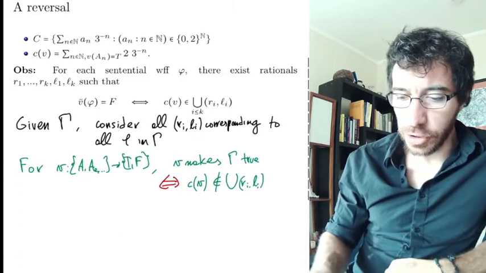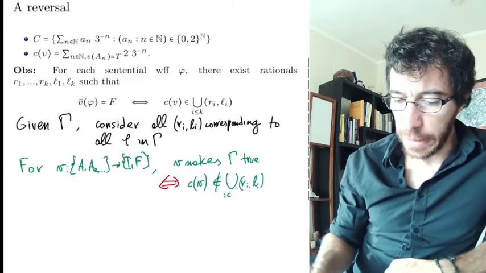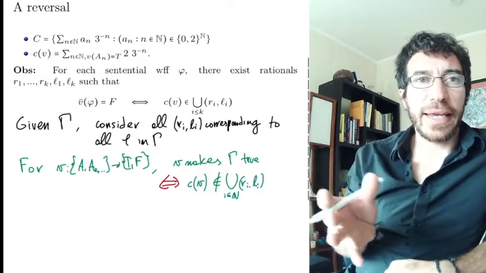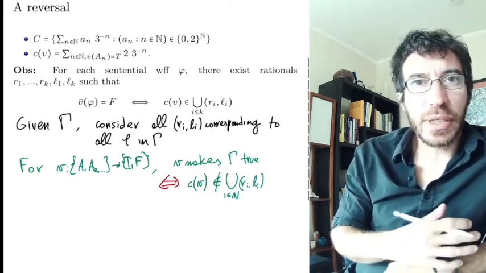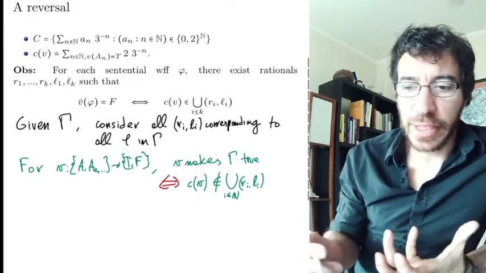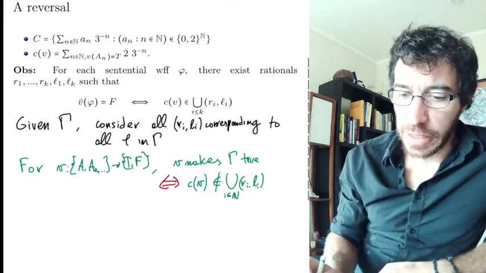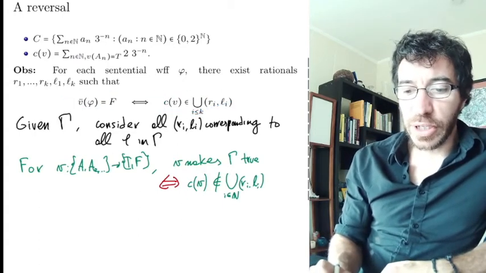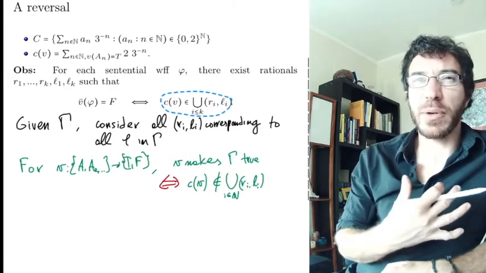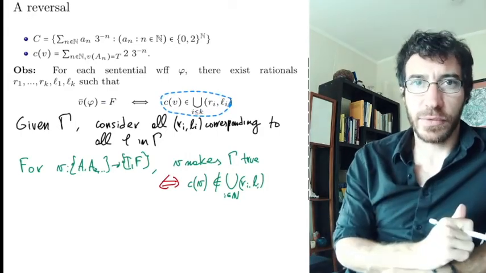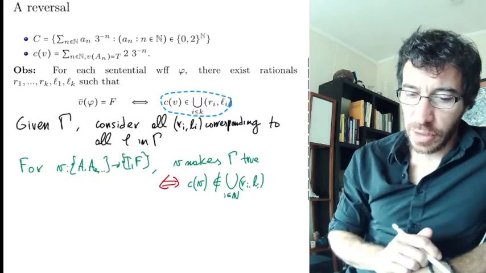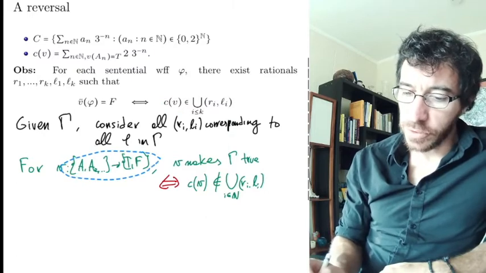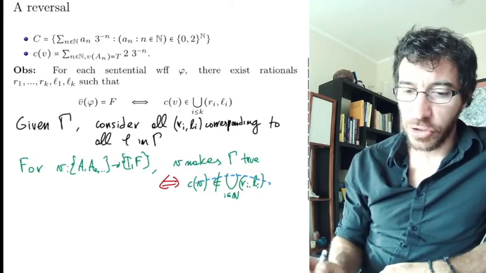Now putting together all the formulas that belong to gamma, to be true you have to make all the formulas true. So that means to be true, you have to be outside all these intervals, right? False means inside. So in other words, to make all the formulas true, you need to be outside all the intervals.